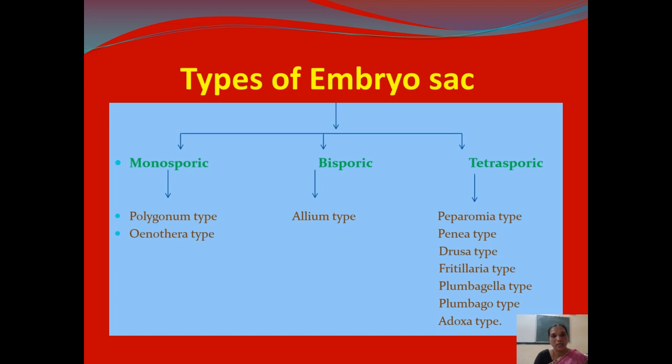Bisporic is identified in only one type, that is allium type. And tetrasporic embryo sac development has peperomia type, pinia type, drusa type, plumbago type, plumbagella type and adoxa type.